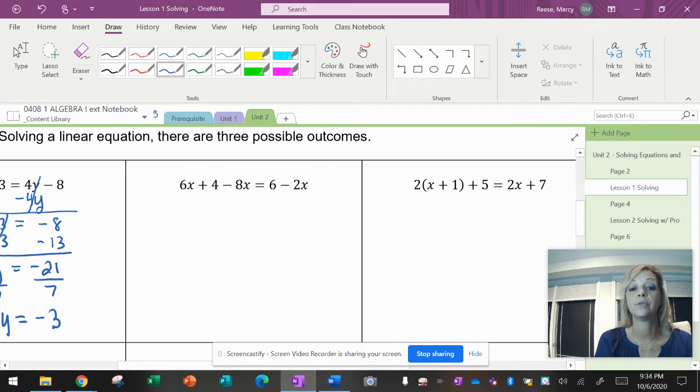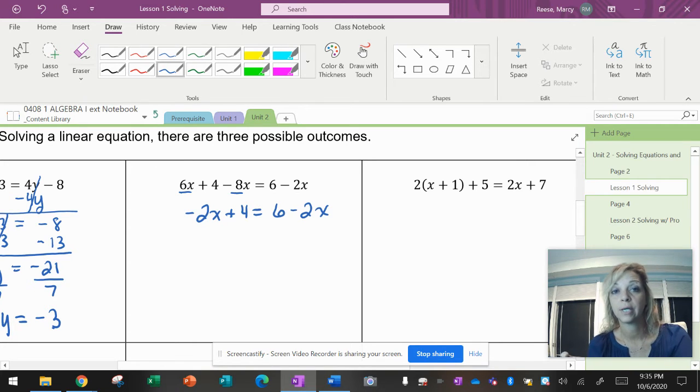Now with the second problem, on the left side of the equal sign I see a 6x and a negative 8x. So I'm going to put them together. 6 minus 8 is negative 2x plus 4. Just like the last one, you get the x's to one side.